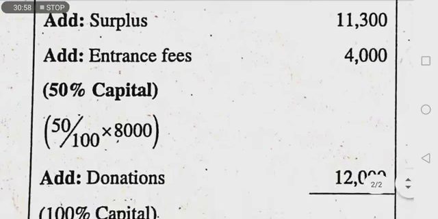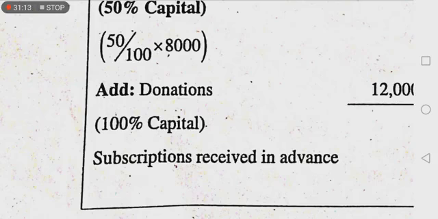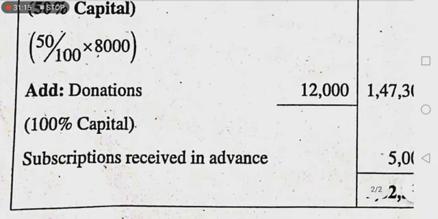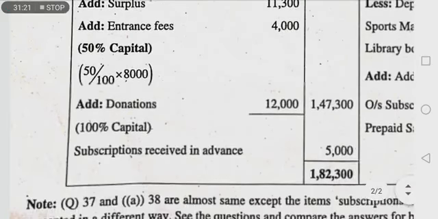And again they have added the donation, that is 12,000, as in the adjustment they have asked to capitalize 100% of the donation to treat it as a capital nature transaction, so we have added it under the capital fund account.